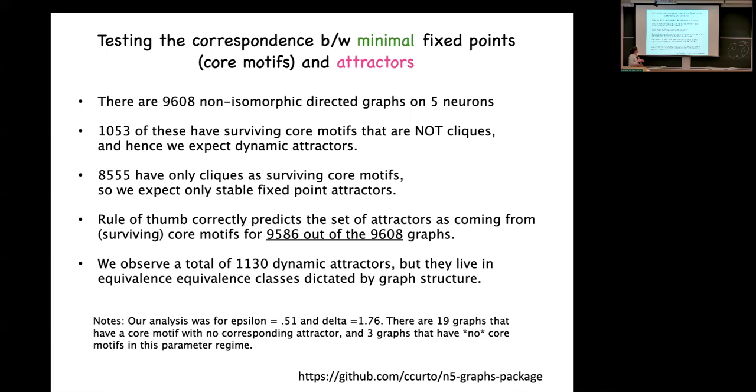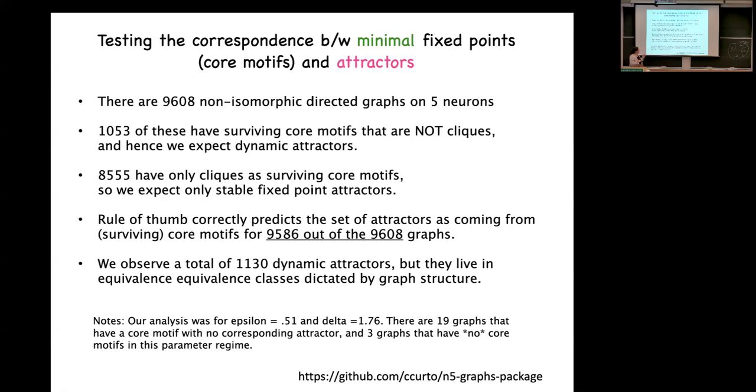Then for different sets of parameters, we sampled as many initial conditions as we could think of: random ones, and also many perturbations around every fixed point. We did a battery of initial conditions to get as good a sampling as we could come up with in order to find all the attractors.